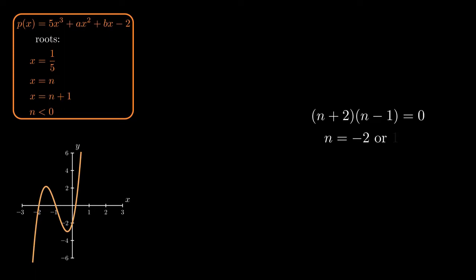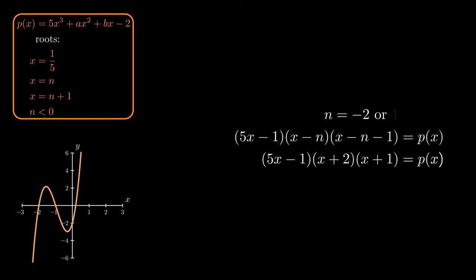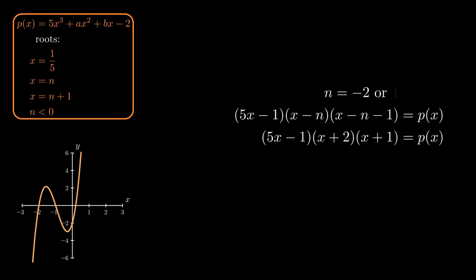So we'll put that in for n now. Okay. That's our polynomial, p of x. So we put in the -2. That gives us, for the second factor, x plus 2, and for the third factor, x plus 1. And then let's just expand all these brackets. Now, this is a skill that is really, really important in add math.